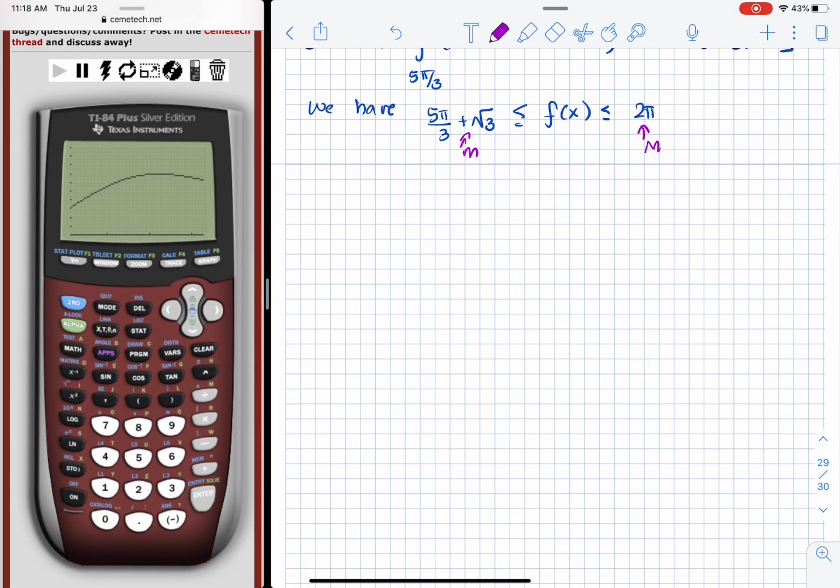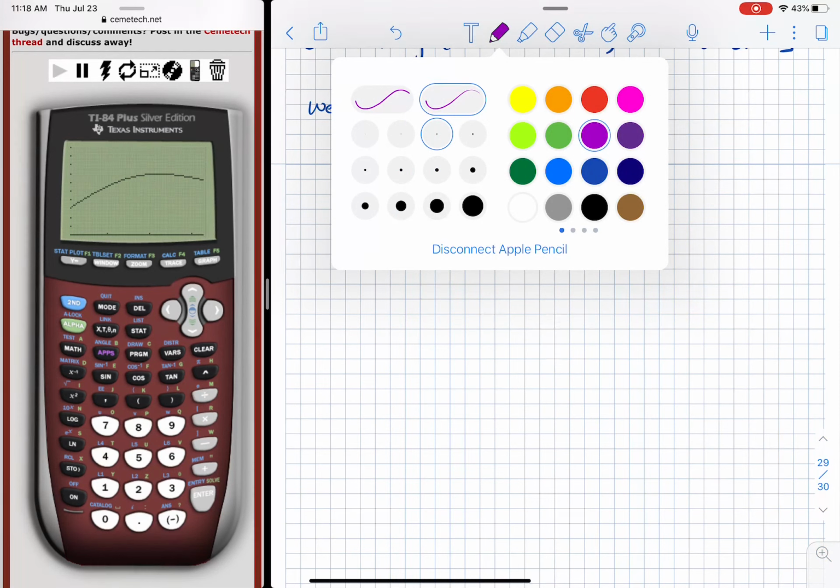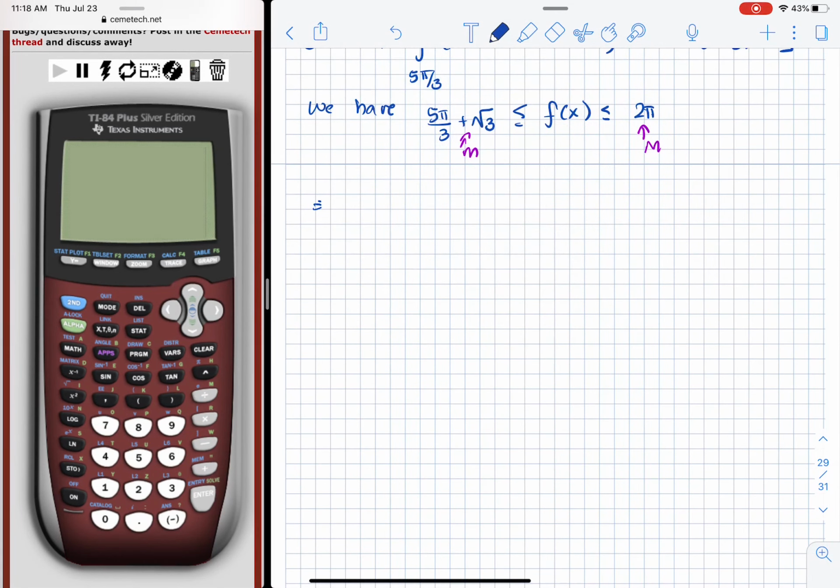Since that condition is satisfied according to our property, we would have the integral from 5 pi over 3 to 2 pi of f of x dx has to lie between lowercase m times b minus a and uppercase m times b minus a.